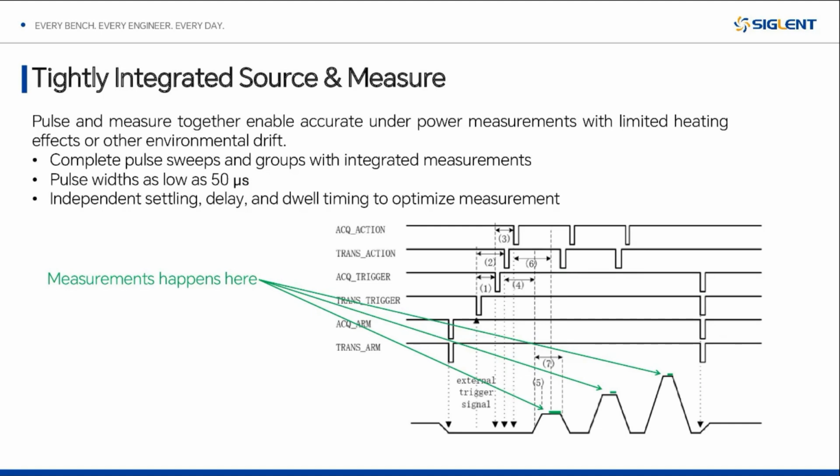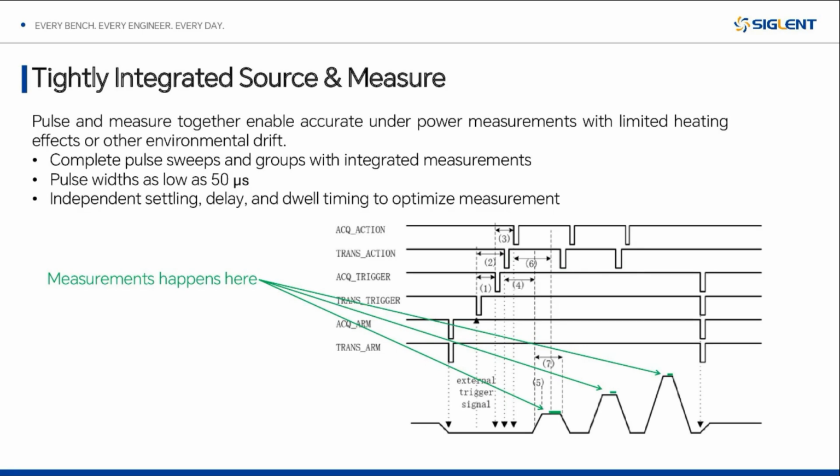So here you can do pulse widths down as low as 50 microseconds. You have independent ability to set delays, dwells, and timing to really optimize how you want that measurement to happen, and you can coordinate between multiple channels very effectively. So if you need to do pulsing in parallel or sweeping and stepping, that can all be done with this integration and optimization.